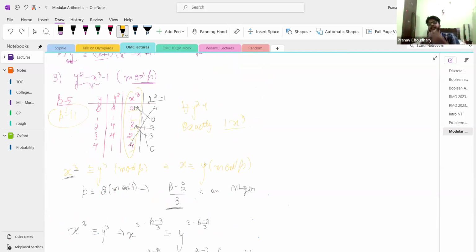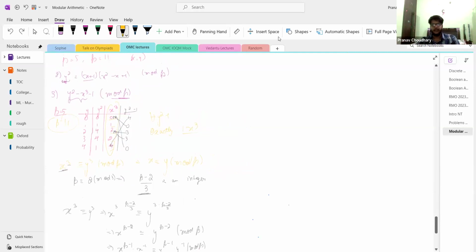Once I spot that, other things just follow naturally. Pick one y square minus 1, and I'll have exactly one x working for that. So you think of these ideas independently and then try to club them together. In a class, you just see ideas coming in a streamline, but usually when you're trying a problem, you have 10 more ideas and you have to spot which ideas work together.